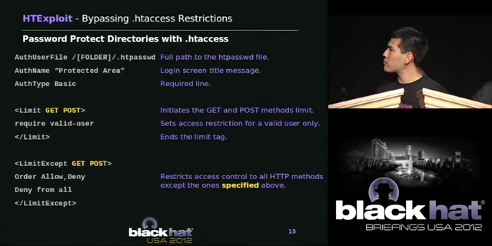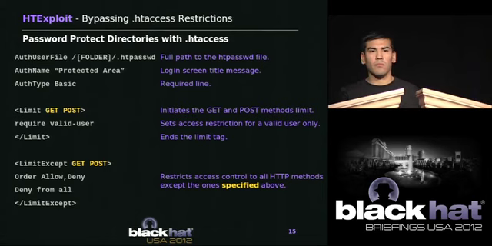With limit except, you are also disabling anything that is not get or post, because if it is get or post, you would require a valid user. But if it's neither get nor post, it would deny all, and that's it. That's how you can treat it from the Htaccess itself.